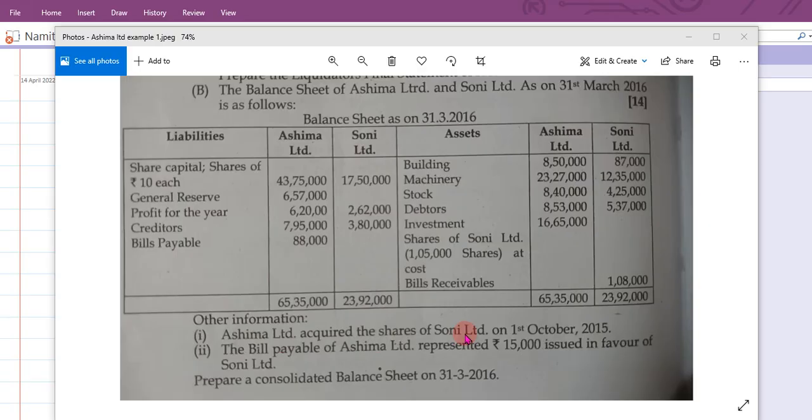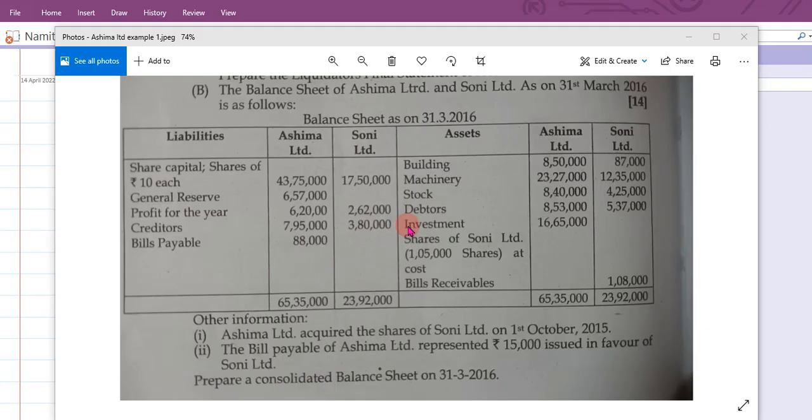The second adjustment is that the bills payable of Anshima Limited represent 50,000 issued in favor of Sony Limited. So we have to prepare a consolidated balance sheet as on 31st March 2016. Consolidated balance sheet means what? A combined balance sheet of holding company and subsidiary company.